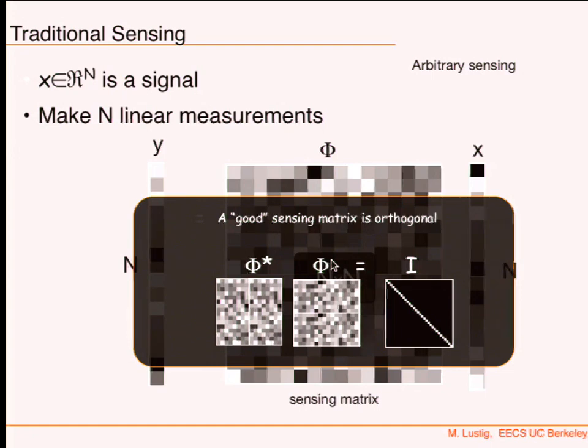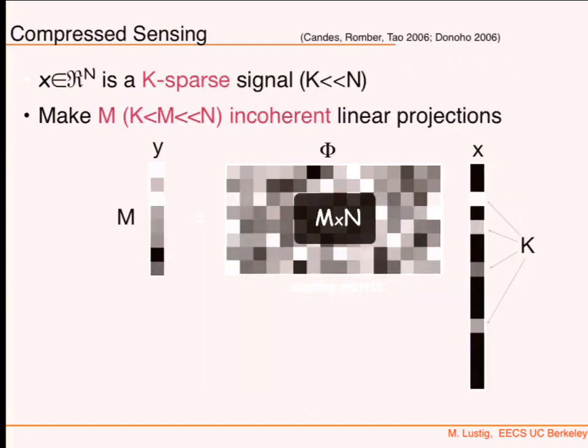Short-term memory loss. Okay, so in compressed sensing now, the situation is going to be different. If we have a signal whose length is n, we're not going to make n linearly independent measurements.